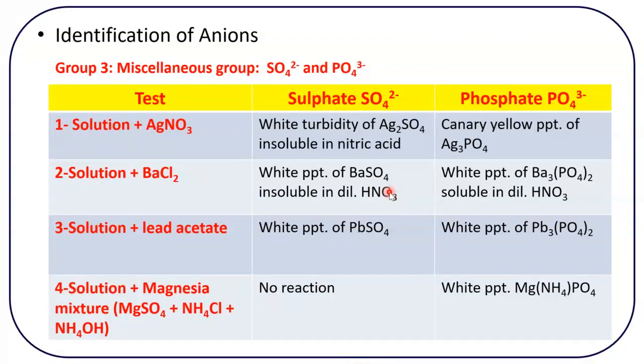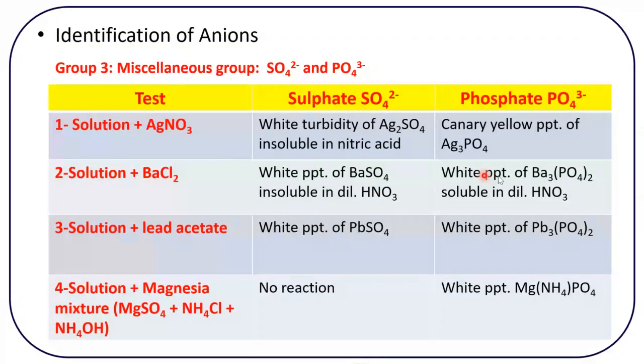Do you know why the sulfate salts don't dissolve in nitric acid? Very simply, because sulfate comes from sulfuric acid, which is stronger than nitric acid, so nitric acid cannot replace SO4. So they are not dissolved in dilute nitric acid.